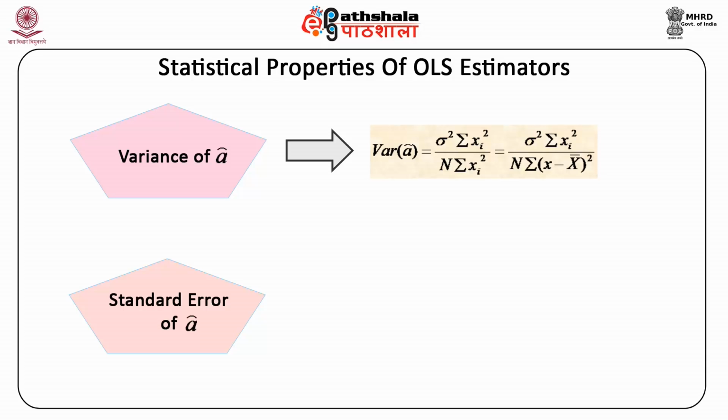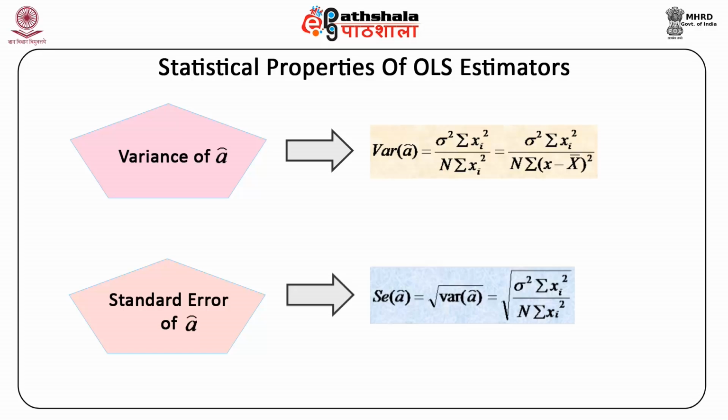And standard error of a hat is equal to under root of variance of a hat, which is equal to under root of sigma square summation xi square upon n into summation xi square.